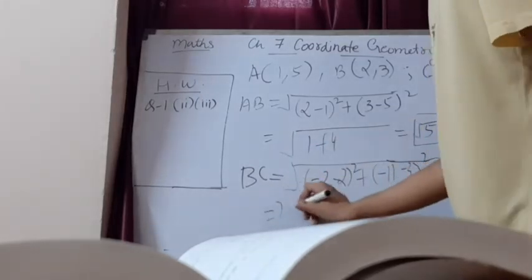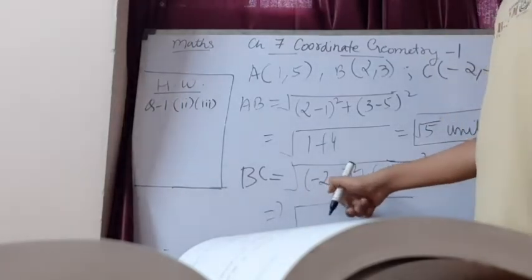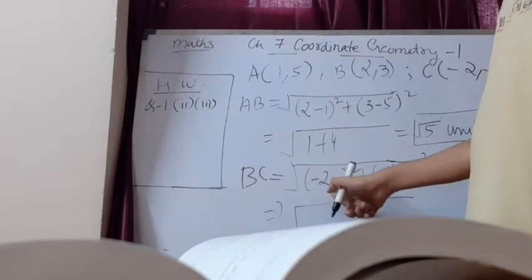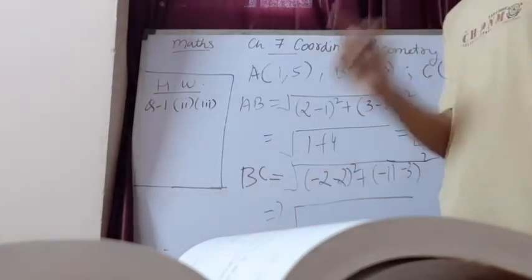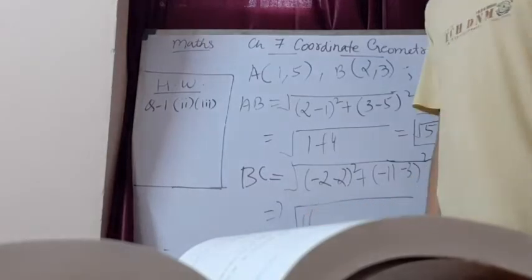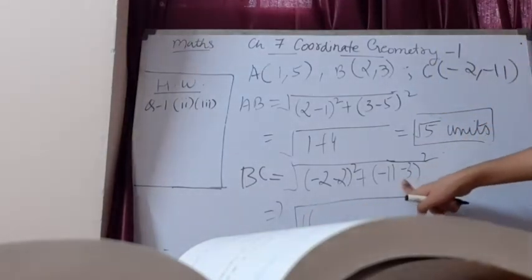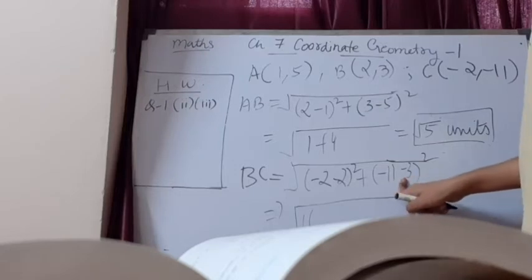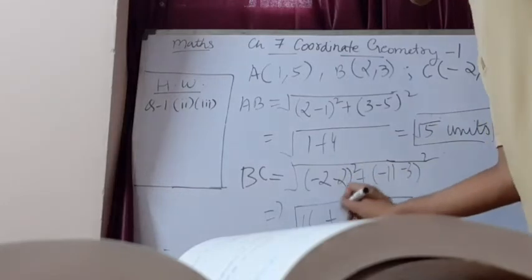Now you will be getting minus 2 minus 2, it is going to be -4, and -4 into -4 gives you positive 16. Clear? And minus 11 minus 3 is minus 14, and minus 14 whole square is 196.